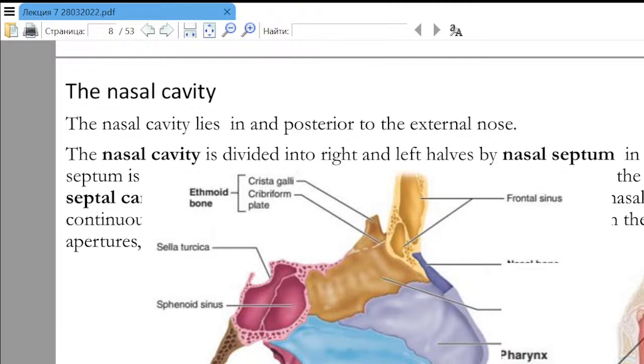Nasal cavity. And the posterior wall of the nasal cavity. This is the sphenoid bone. This is the body of the sphenoid bone.